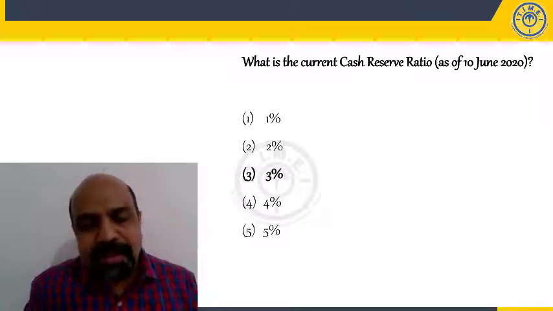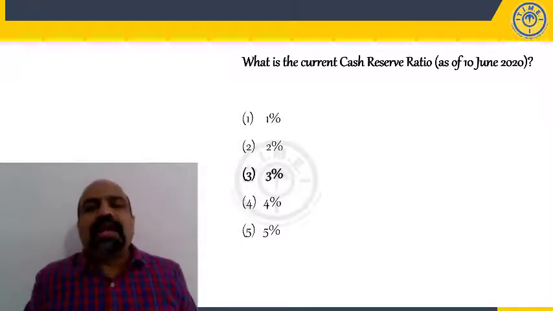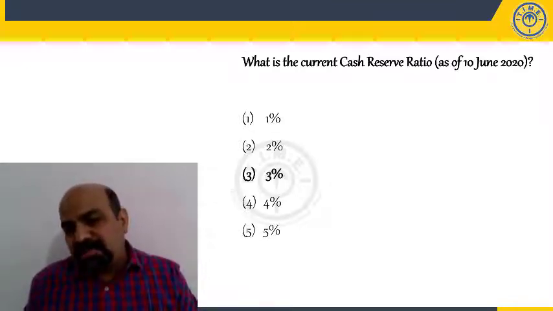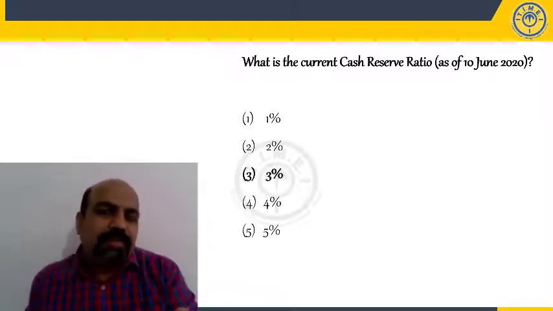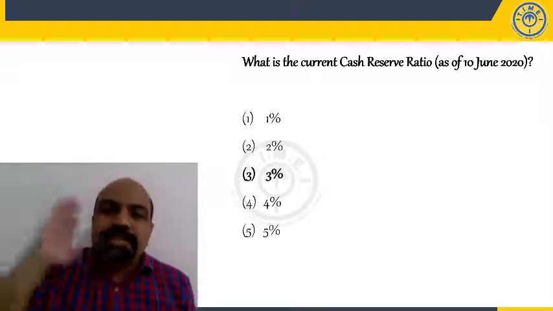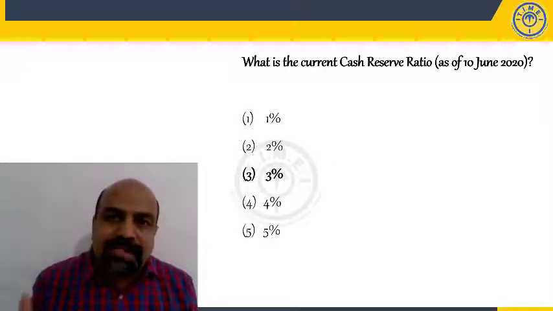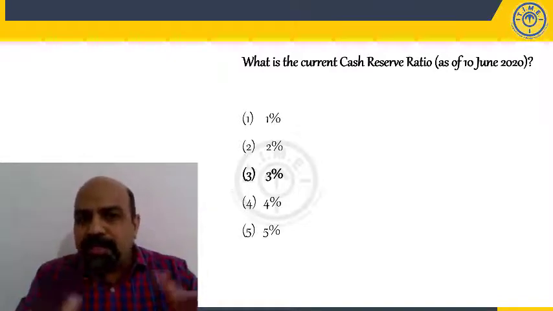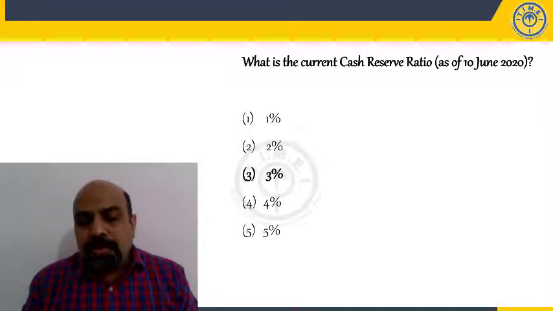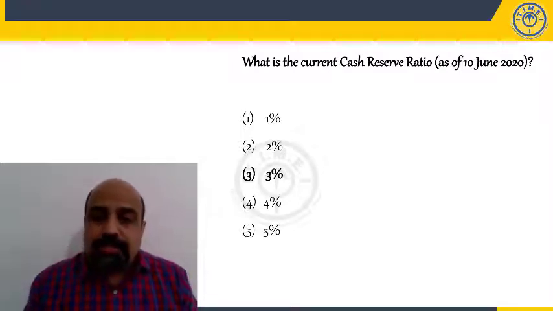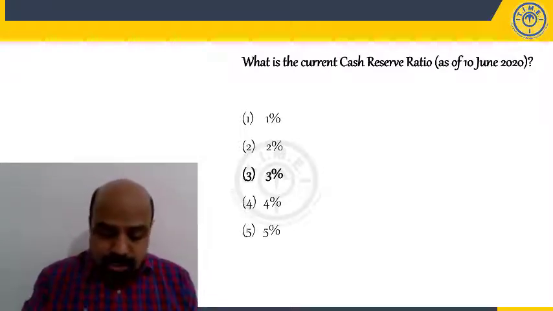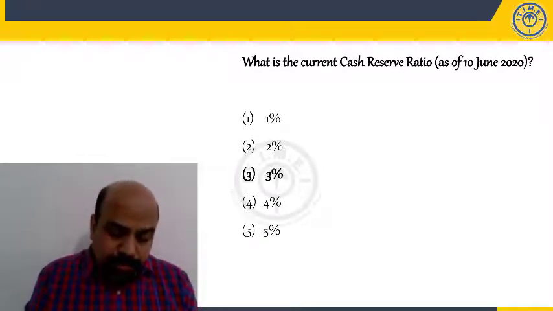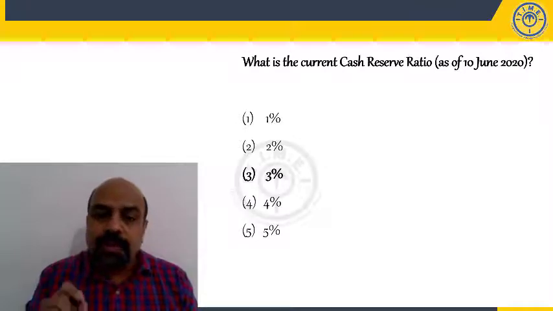Okay. Now, why does the RBI do this? The RBI tries to control money supply. He says that we need to keep some money from these banks with us, otherwise tomorrow they will lend everything, and tomorrow, in a bad situation, they won't have much to repay. And this way we can control the supply of money in the market. So now the RBI says today is 3%, let's raise it to 3.25%.